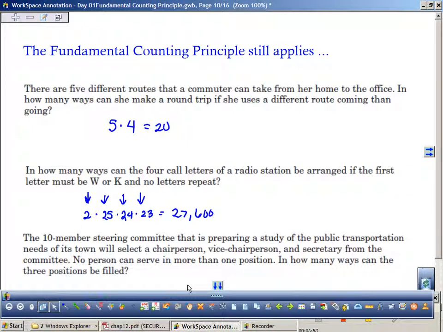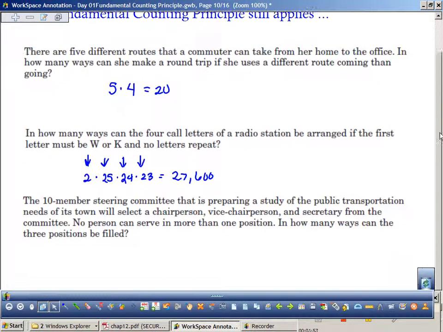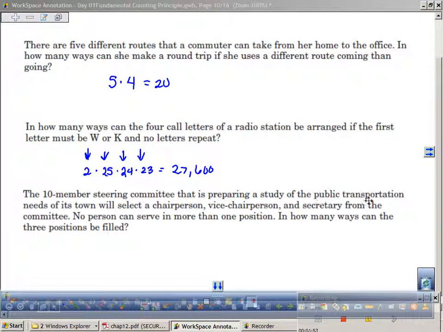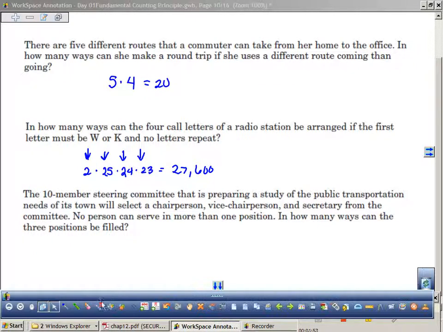Let's see, I think this is my last one here. All right, the 10-member steering committee that is preparing a study of the public transportation needs of its town will select a chairperson, a vice chairperson, and secretary from the committee. No person can serve in more than 1 position. In how many ways can the 3 positions be filled?